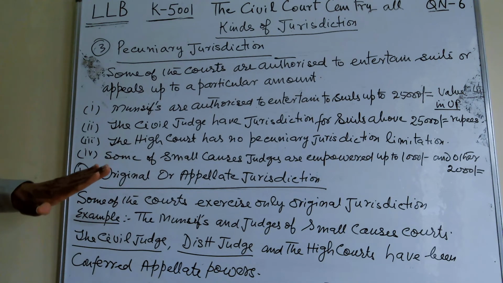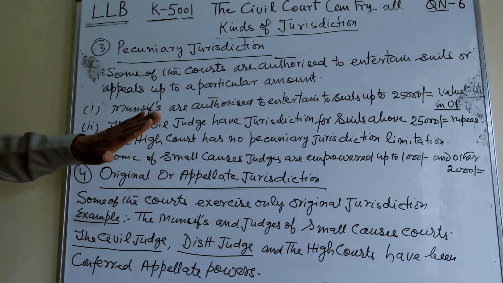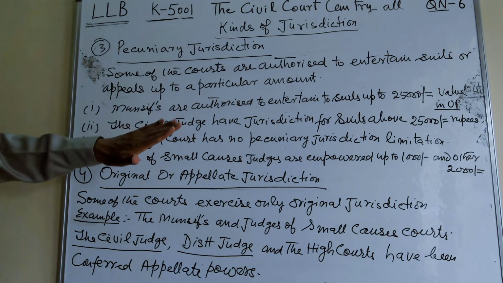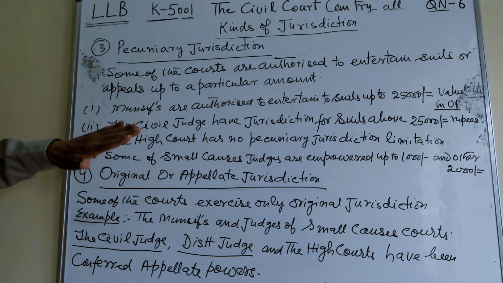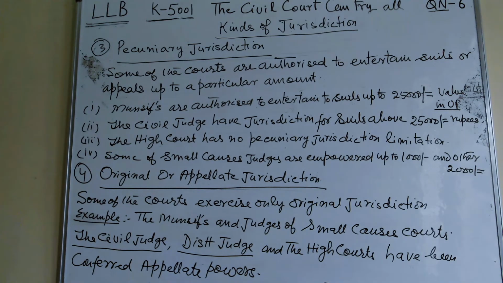These are the amounts which have been allotted to the different courts by the central government. So this is the pecuniary jurisdiction of the different courts.